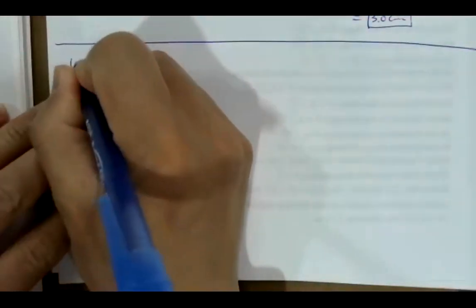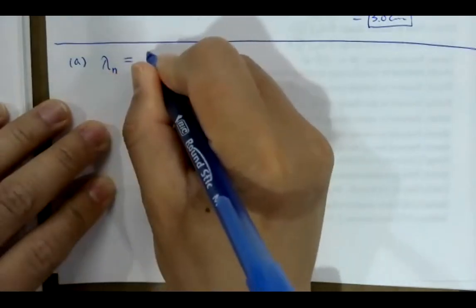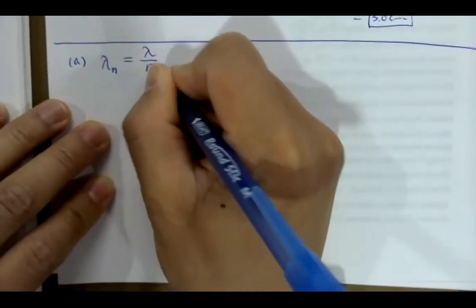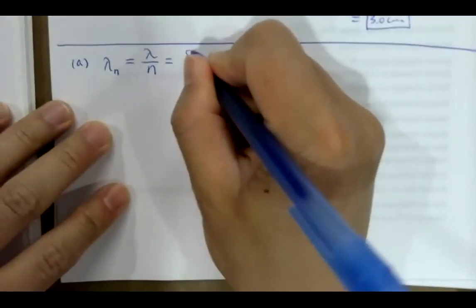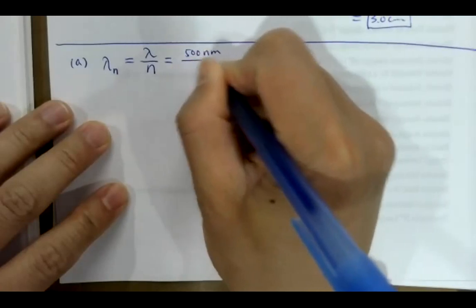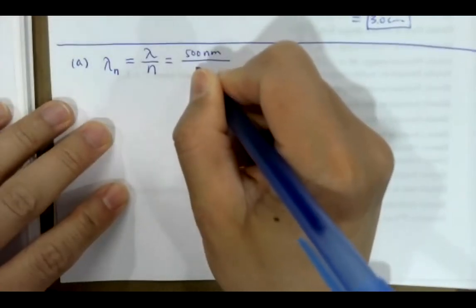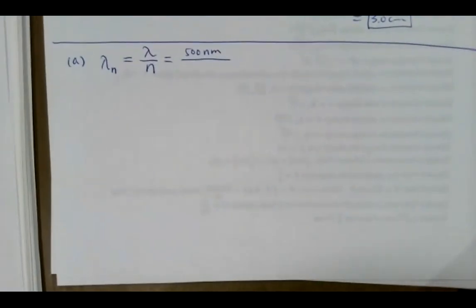So let's see. Part A is asking what's the wavelength of light in the water. When the light enters the medium, its wavelength will be reduced by the index of refraction. Let's call it lambda sub n. That means in the medium, it should be equal to lambda in the vacuum divided by n. It says 500 nanometers for the wavelength, divided by, for the water, the index of refraction, which is 1.33, I think.